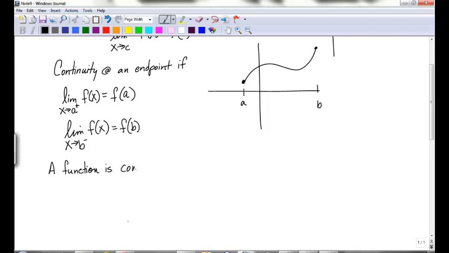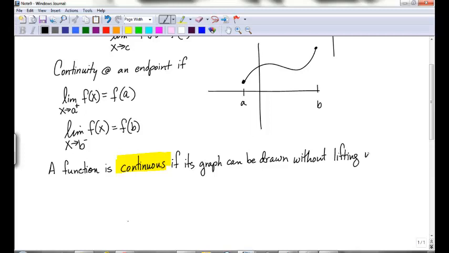A function is continuous if its graph can be drawn without lifting your pencil. Like the sine graph that we did last year. Cosine is also continuous.